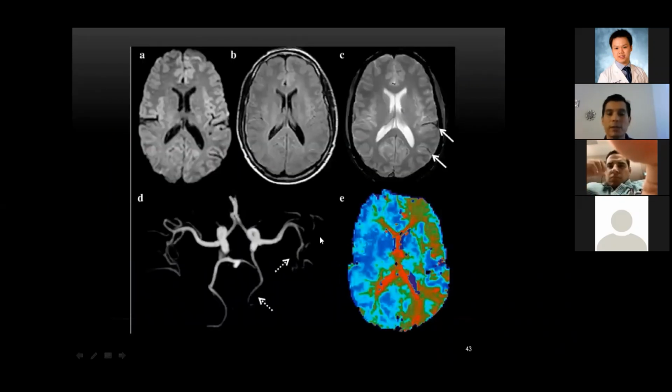In this case, for example, there is a narrowing of the arteries. There is another subtle sign that is related with this alteration of perfusion.